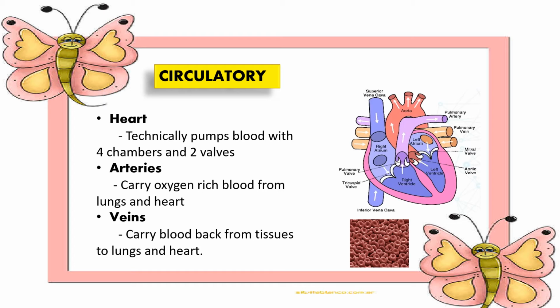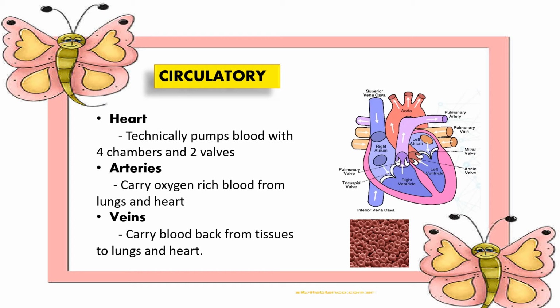The heart technically pumps blood with 4 chambers and 2 valves. It is also illustrated in the picture. So try to follow the diagram, and it is also labeled for you to be guided. So again, the heart technically pumps blood with 4 chambers and 2 valves.